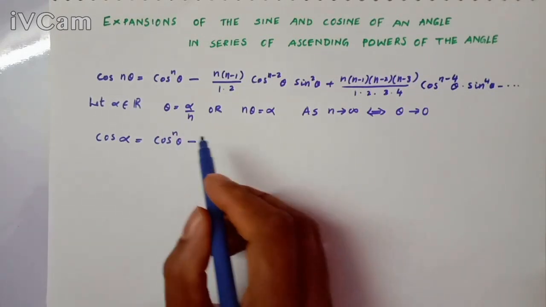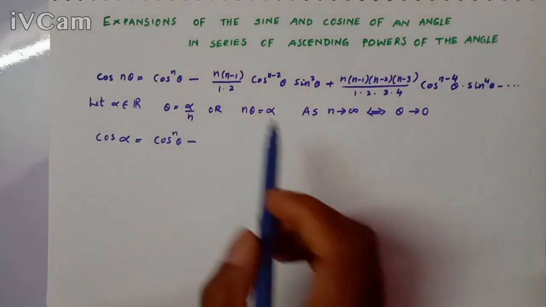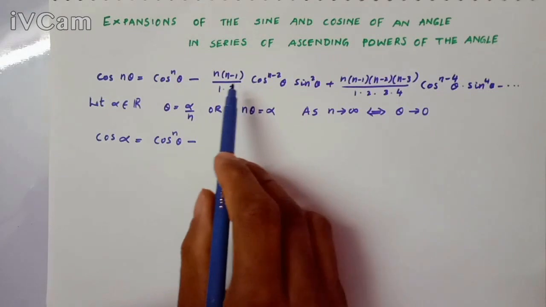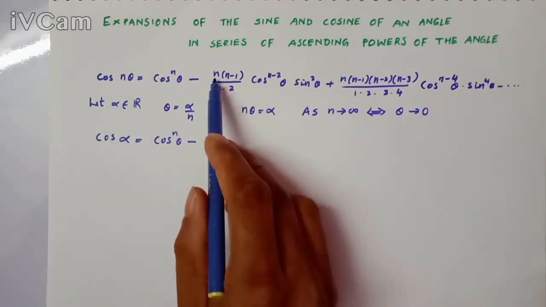Then we have minus. I want to replace all the n by all the terms on the right hand side in terms of theta and alpha. So this n can be written as alpha by theta.